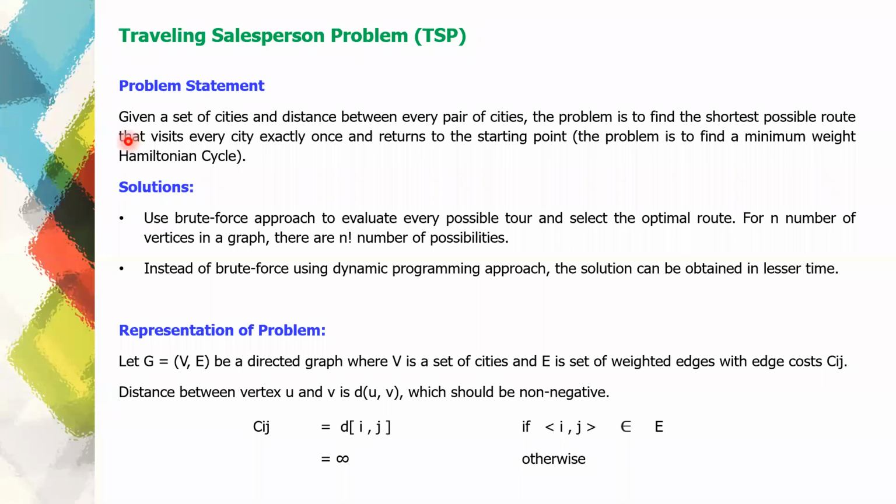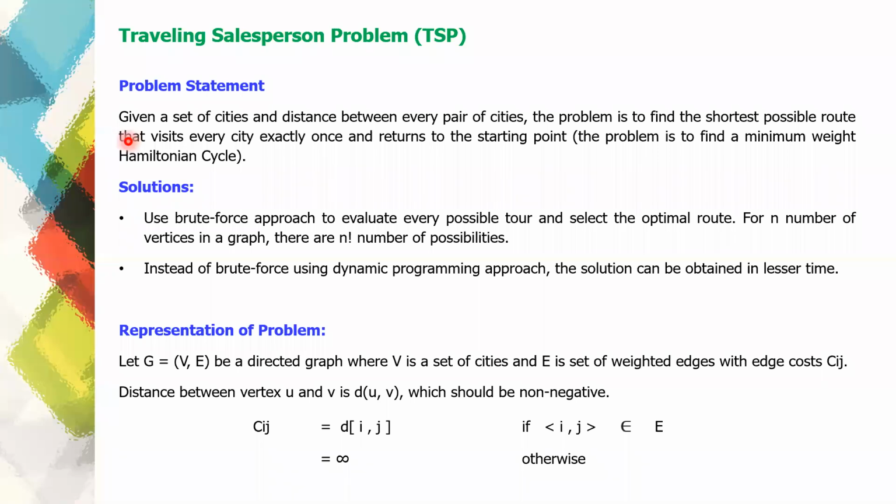So start from the starting city, take the shortest route, visit every city exactly once and return back to the starting city. You'll have to find such a shortest route from the given set of cities.